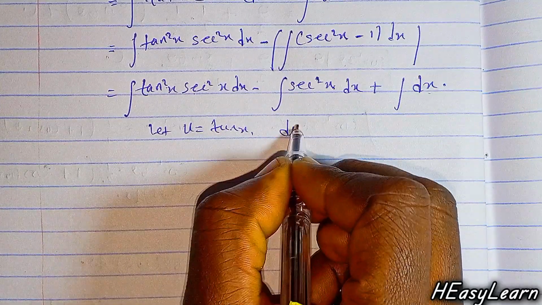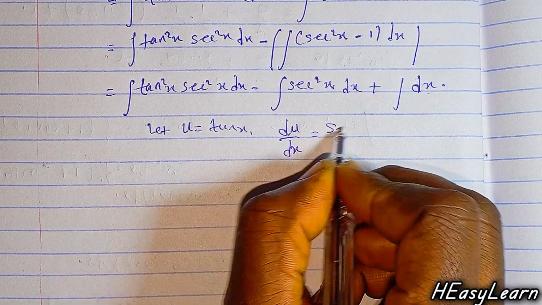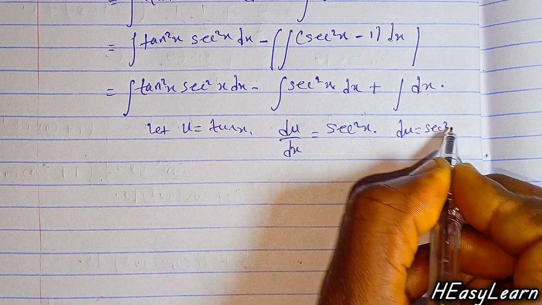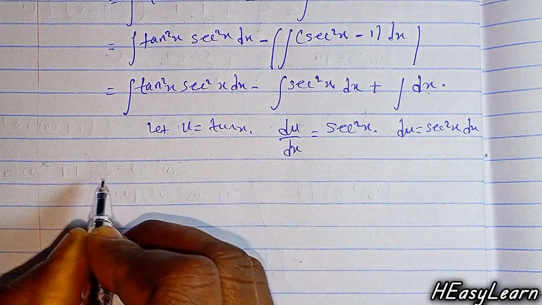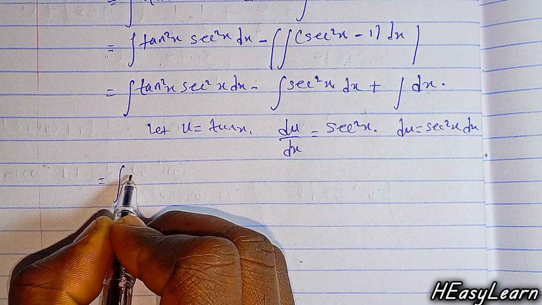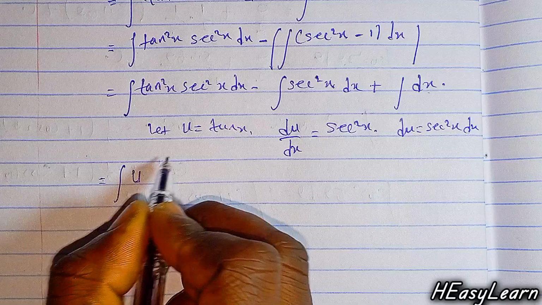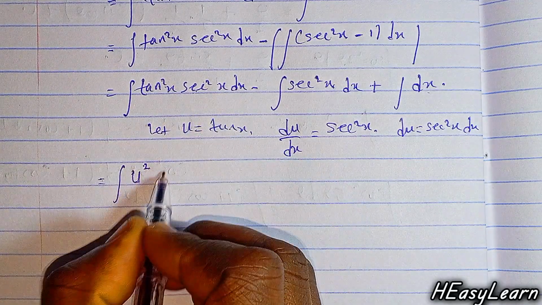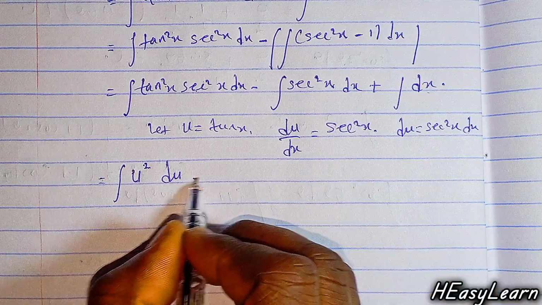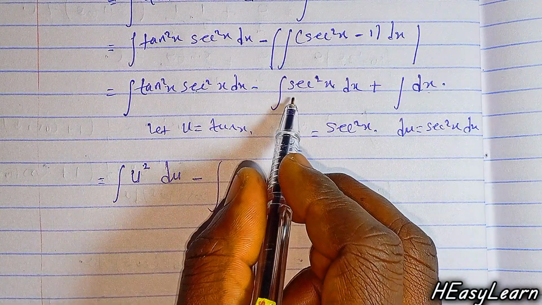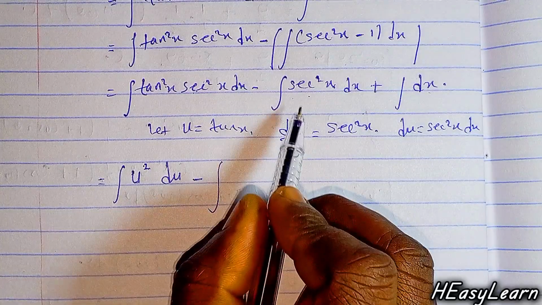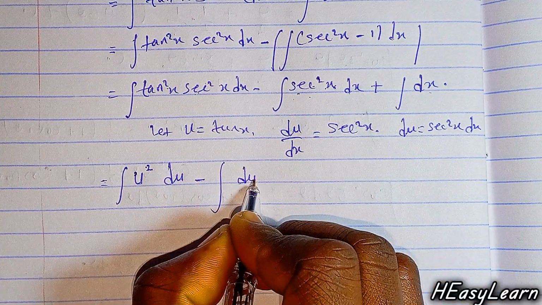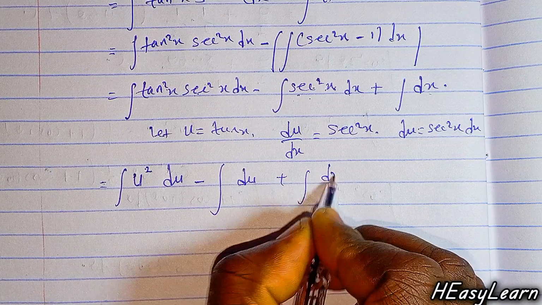Then du over dx is sec square x, so du is sec square x dx. Now u is tan x, so the first integral is u square du, minus the integral of sec square x dx, which is now du, plus the integral of dx.